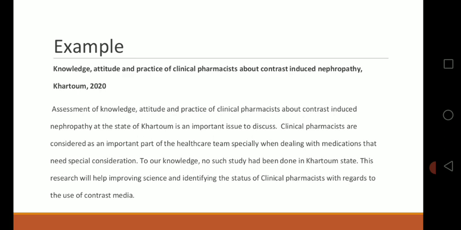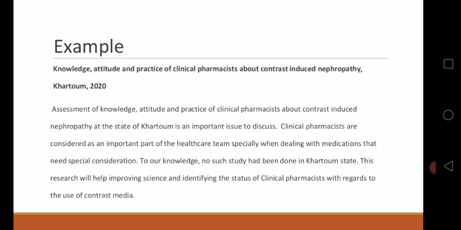Then we said clinical pharmacists are considered an important part of the healthcare team, especially when dealing with medications that need special consideration. Then we added that to our knowledge no such study had been done in Khartoum state.